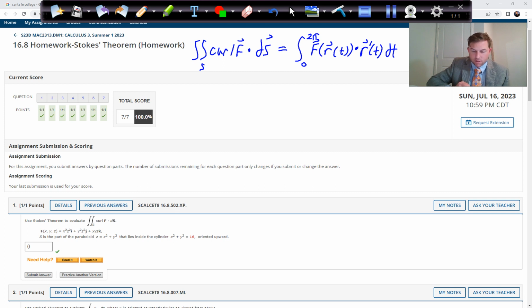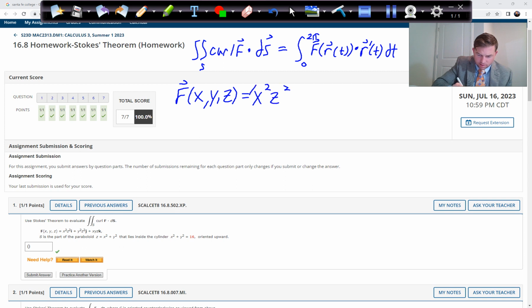And there are various ways we're going to change these curl double integrals, but for this one, that's how we're going to do it. First, let's write F. F of x, y, z is equal to x squared z squared, let me write this in compact form, and y squared z squared for the y component, and then xyz for the z component.